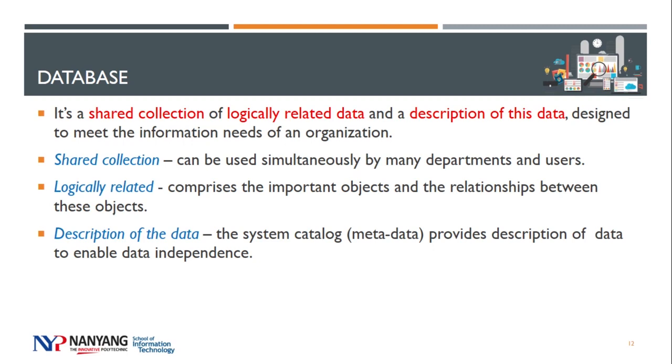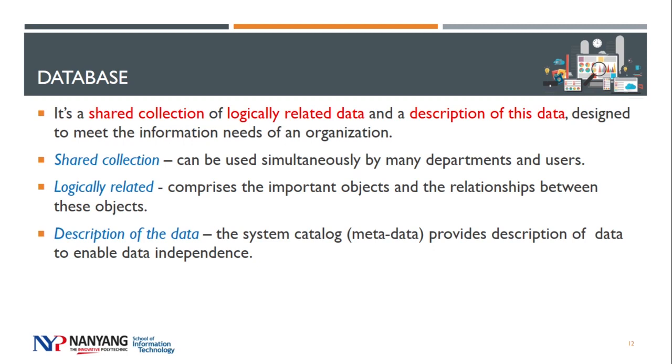So the catalog is a place where, among other things, all the various schema and all the corresponding mappings are being kept. So there's something which we call the metadata, found in the system catalog. It provides the description of the data to enable data independence.